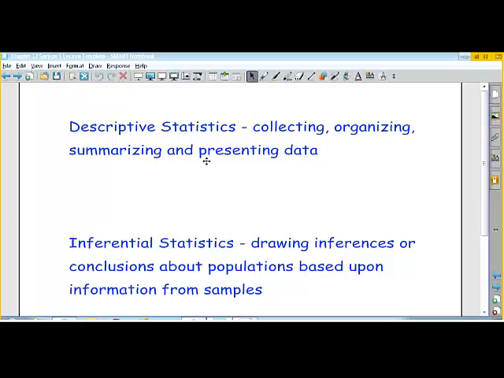If you want the inferential stuff, you'll have to take another statistics class, which will be a little more advanced than the current one. Okay, thank you. Anyway, you don't have to worry about that because you'll be done, hopefully.